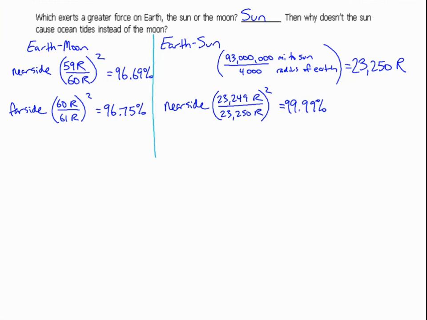So there's the near side, look at the far side. The far side is 23,251 times the radius. And this is also 99.99%.